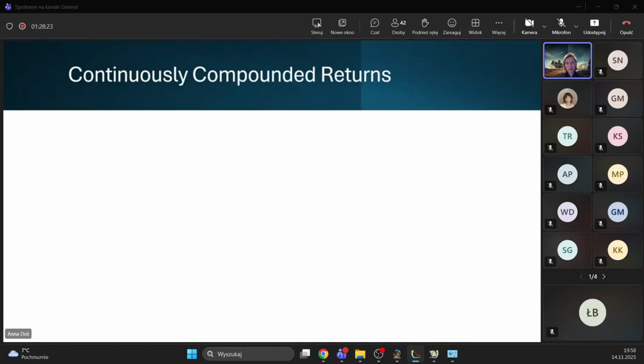Our returns are usually time series. So we have like 911 data points, and each data point refers to a daily return or weekly return. Or we know the closing prices of an instrument, daily closing prices. How to compute a return? Well, we can do a simple return.